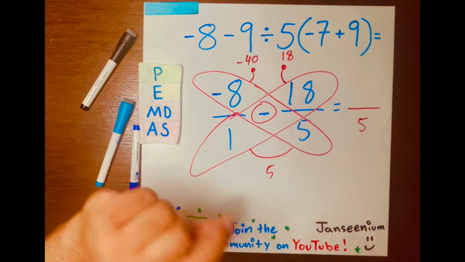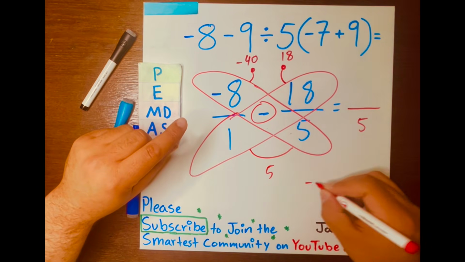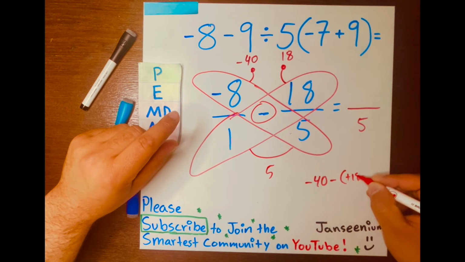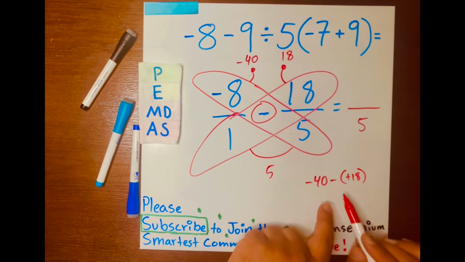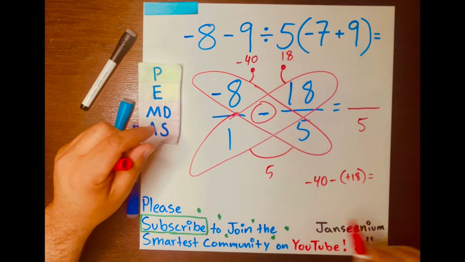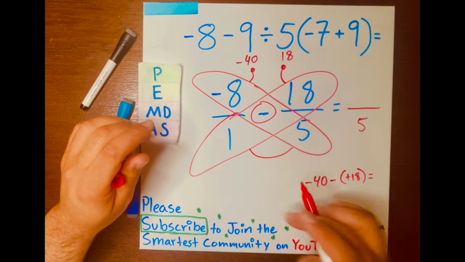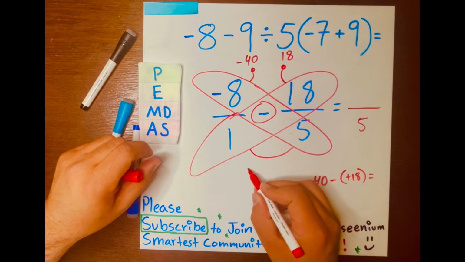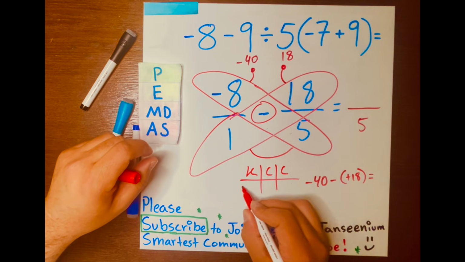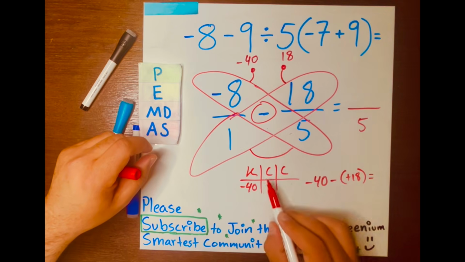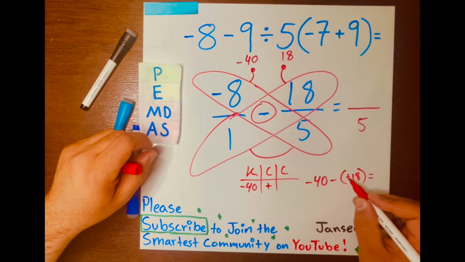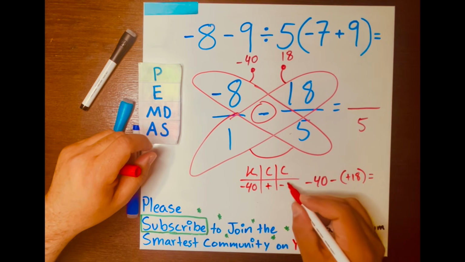Again, I like to set this up. Negative 40 minus positive 18. And I want to turn this subtraction into addition so then I can use that addition rule. So to do that, I like to organize my numbers using the keep, change, change. So I keep the first number, negative 40, change subtraction to addition, and lastly, change the positive 18 to negative 18.